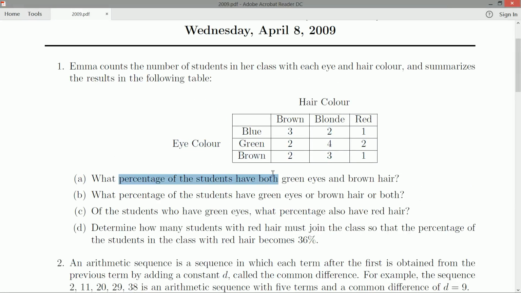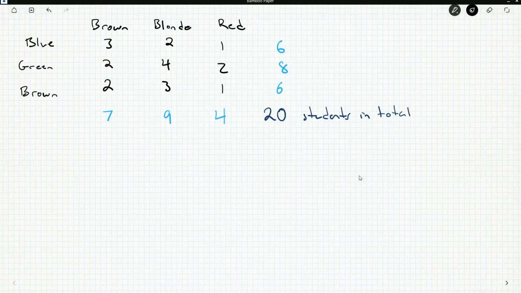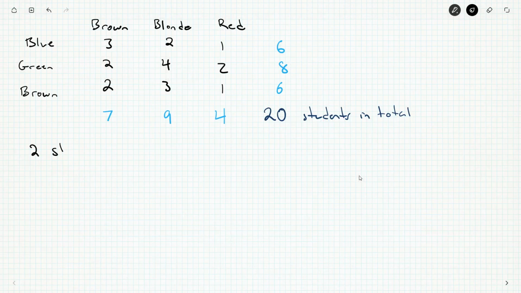So we want what percentage of the students have both green eyes and brown hair. Green eyes and brown hair: 2 students out of 20 have green eyes and brown hair.